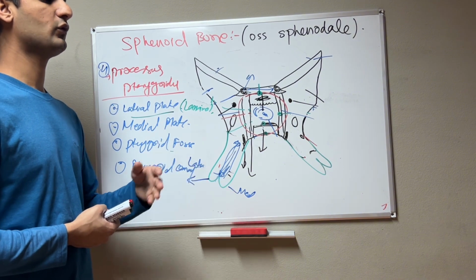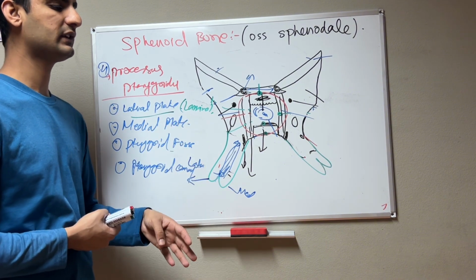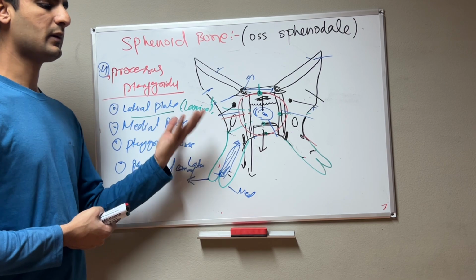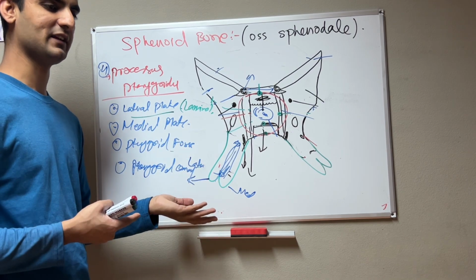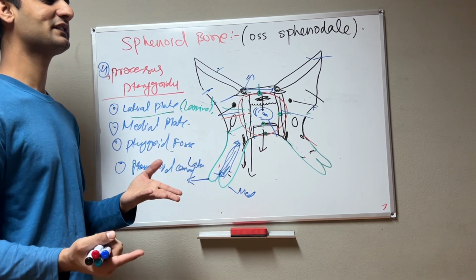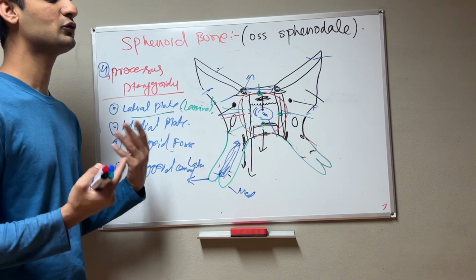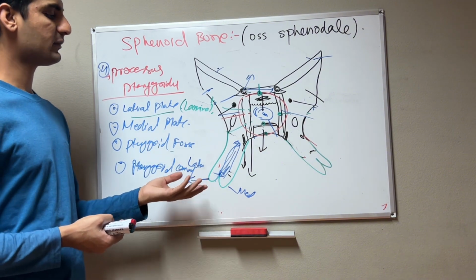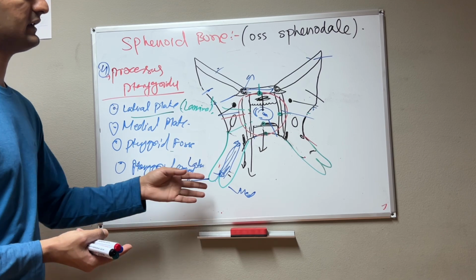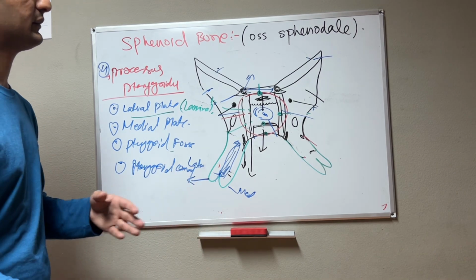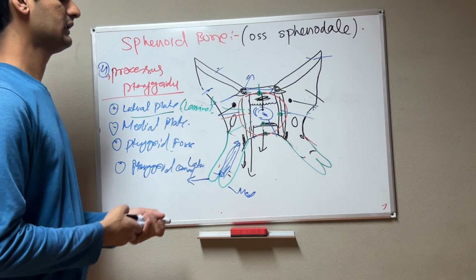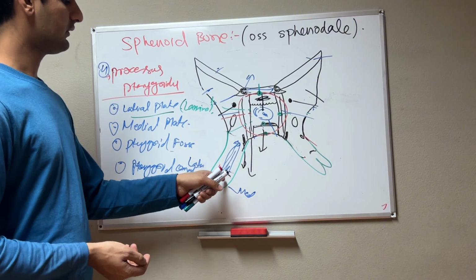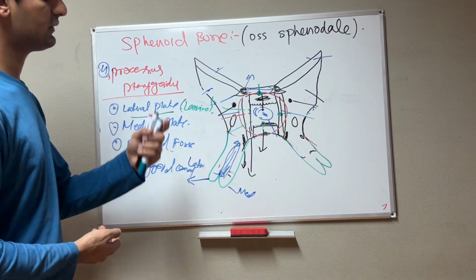In the greater wing we have four surfaces and three foramina: cerebral, temporal, orbital, which is clear from the names, so don't confuse them, and maxillary. In the pterygoid process, the lateral plate is located laterally, the medial plate is on the mid side, and between them we have the fossa, and at the base of the fossa we have the pterygoid canal.